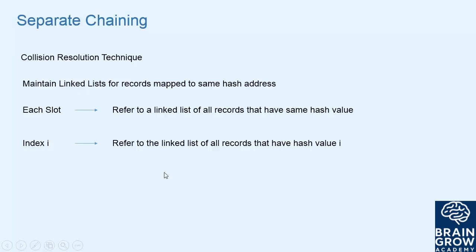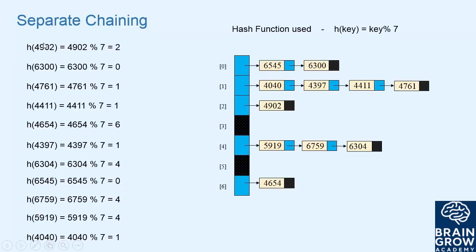Now let's understand with the help of an example how we can resolve collisions using separate chaining. These are our keys. We have used this hash function and we have this hash table of size 7. We can see that the keys that are mapped to same location are stored in a separate linked list. These two keys are mapped to location 0, so they are in this linked list.